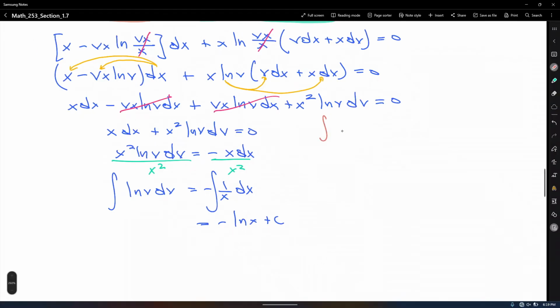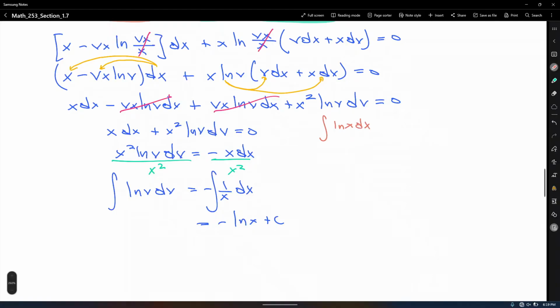So the integral of ln of v. Oh, here is a problem. We're using the letter v because of the differential equation, but for integration by parts we are also going to need a v. So guys, just turn this into ln of x dx.